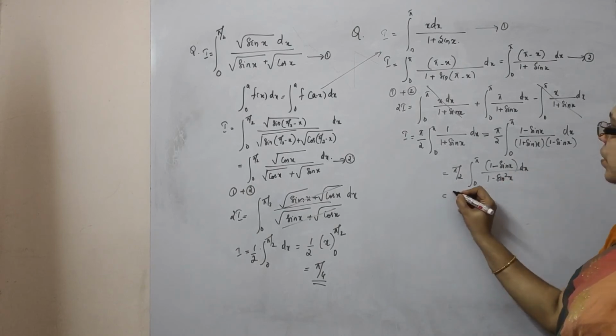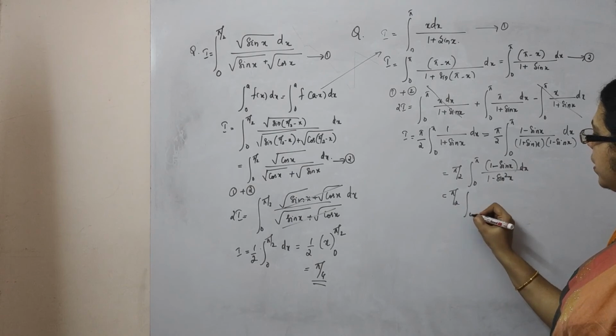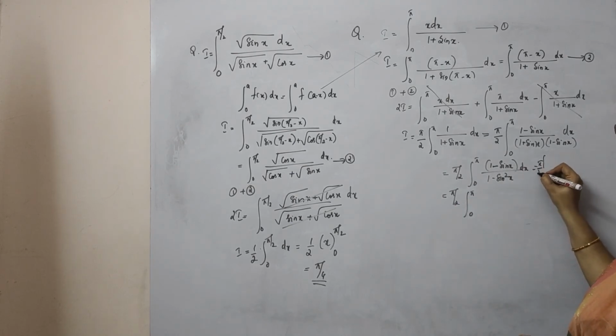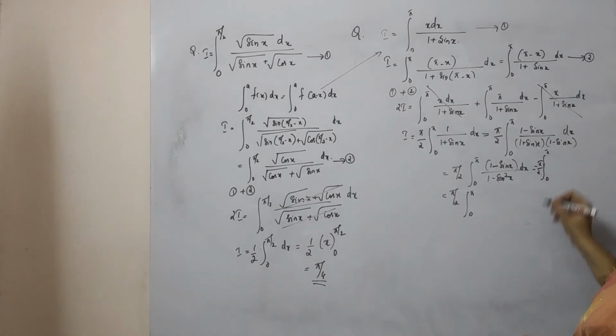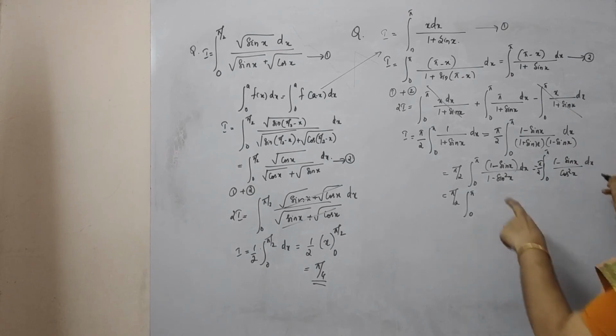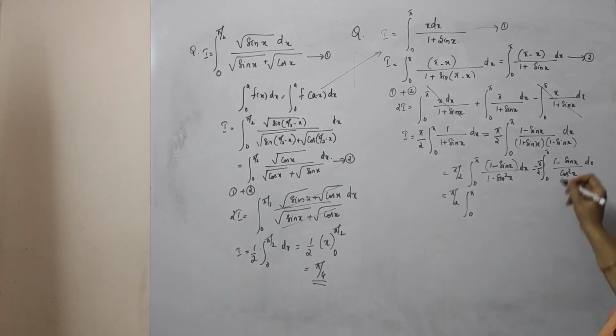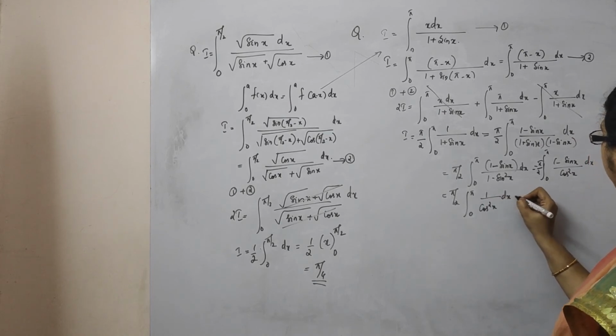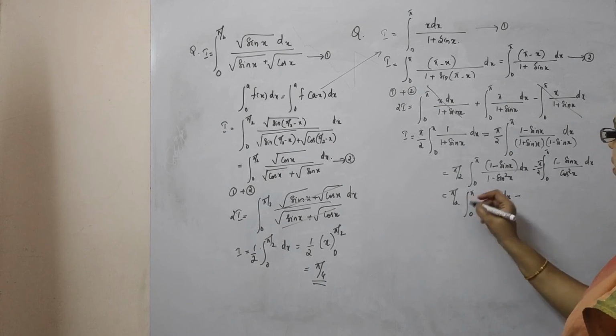So this is pi by 2 into integral 0 to pi of 1 minus sin x by cos squared x into dx, because 1 minus sin squared x is cos squared x.